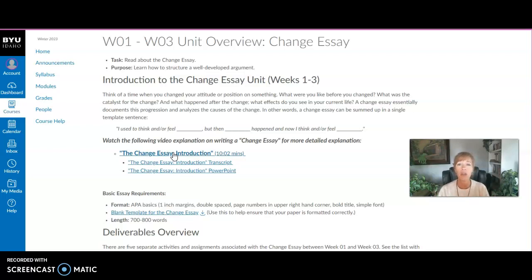And it's so important to note those changes and to realize them and consider what we learned from them to make them more meaningful. And then how do we share those with other people? To share our insights and what we have learned in our life with other people through writing. So this is a great essay to practice doing that.